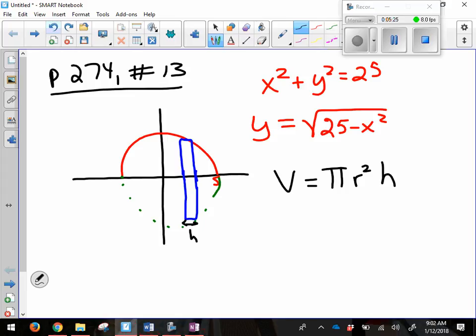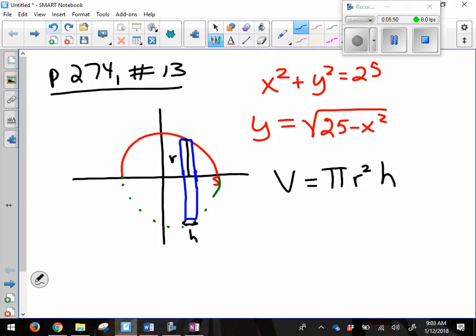Where's y going to be? Tell me where to draw r between the x-axis and the height of my cylinder, for h?